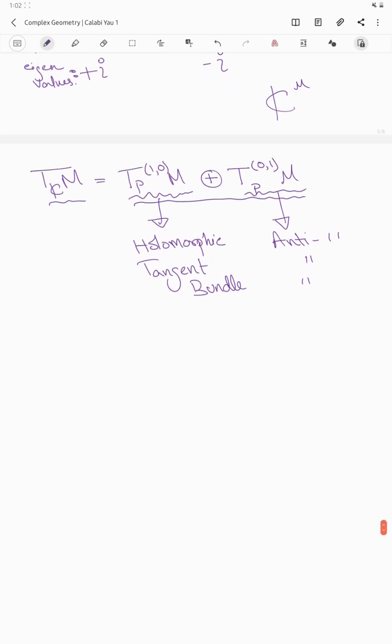Now, we can similarly decompose the cotangent bundle as well. And the cotangent bundle would be the complex conjugate part of your M. So that would be T_C M star, right? We can decompose it into T_P star 1,0 M and this tensor sum T_P star 0,1 M, right?